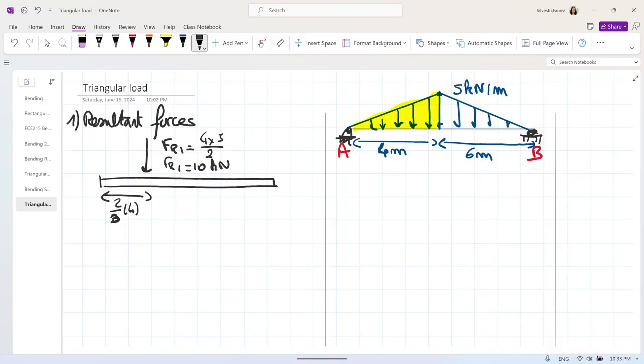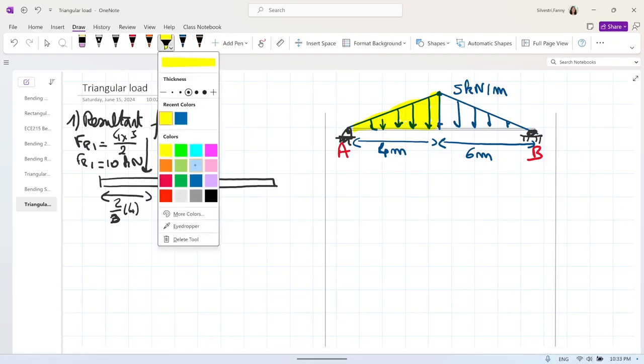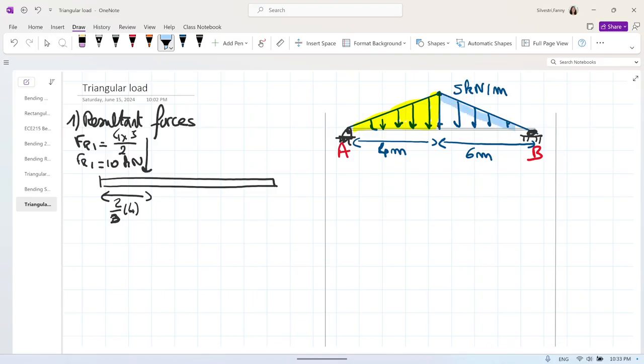Let me move that to the left so we can now find the resultant force of the second triangle, the triangle that I will highlight in blue. On my graph, they look exactly symmetrical, but I made an example that is not symmetrical. The one is 4 meters long, the right is 6 meters long, just to show you that the equation will be a bit different.